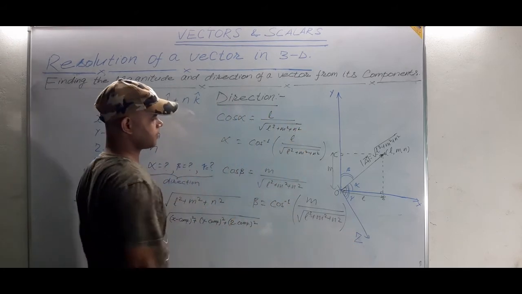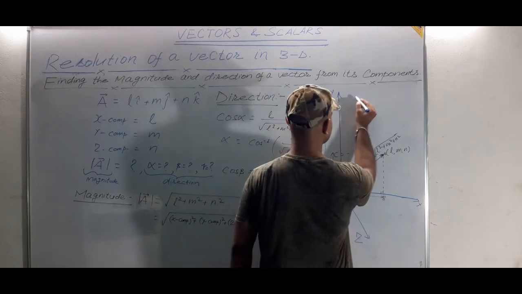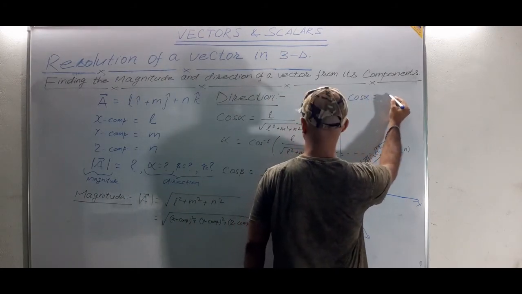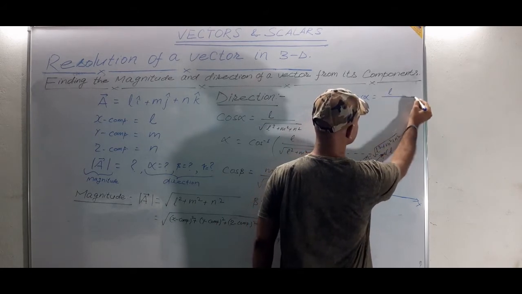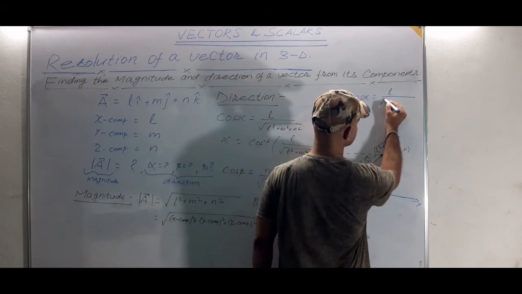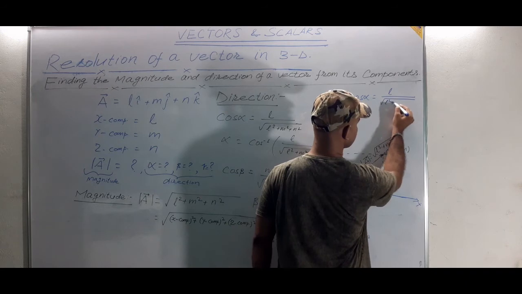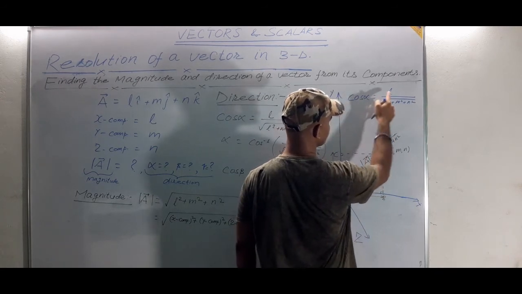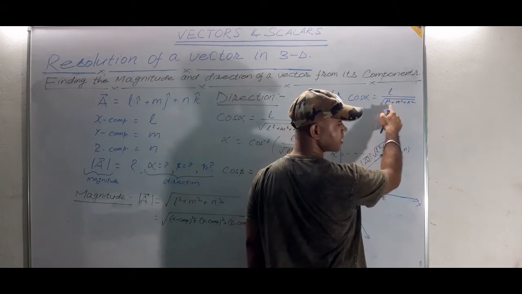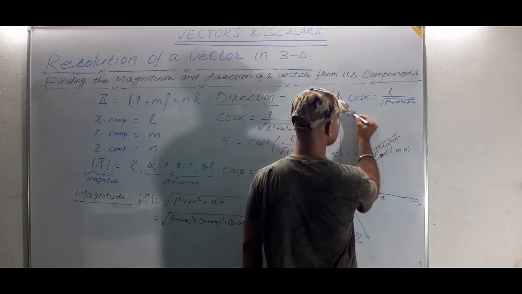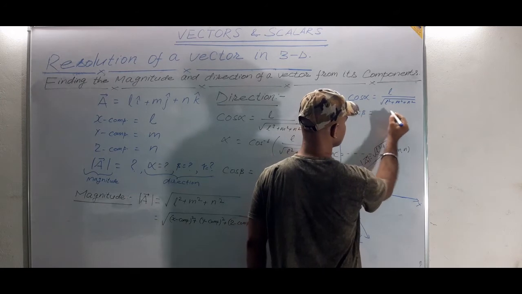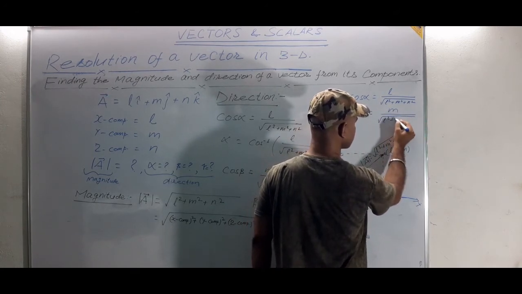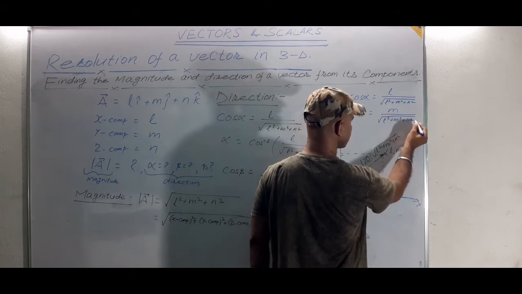So this is beta. Cos alpha is L upon the magnitude of the vector, that is root of L square plus M square plus N square. Cos alpha is equal to the x component upon the magnitude of the vector. Cos beta is equal to M upon root of L square plus M square plus N square.